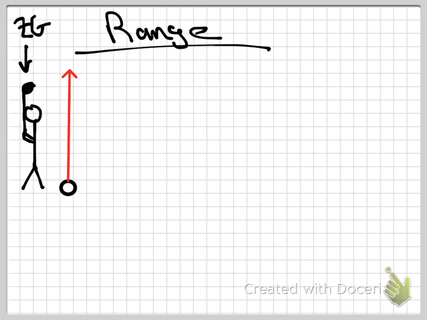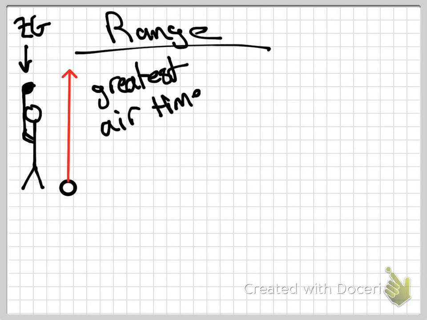Okay, so he somehow manages to hit the golf ball directly upward. This scenario would give the ball the greatest airtime, but there is zero range.